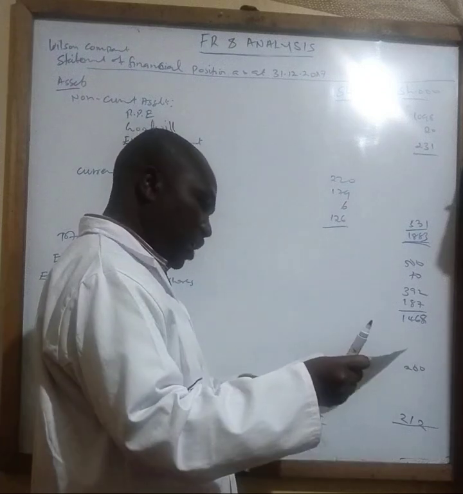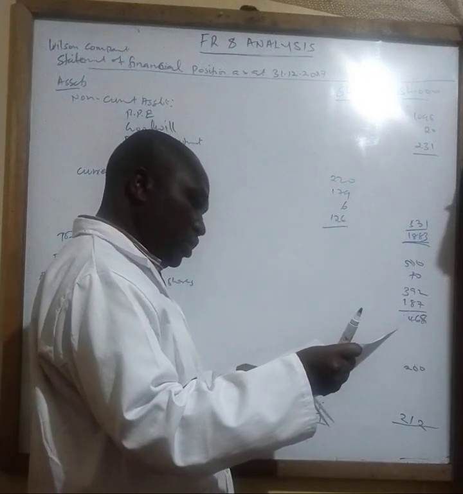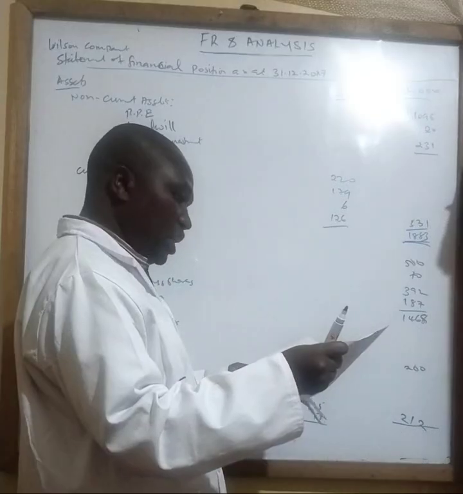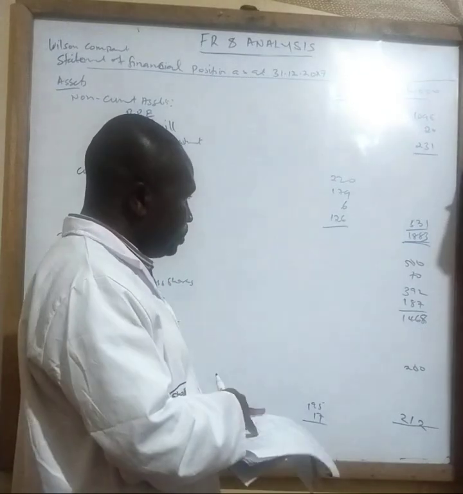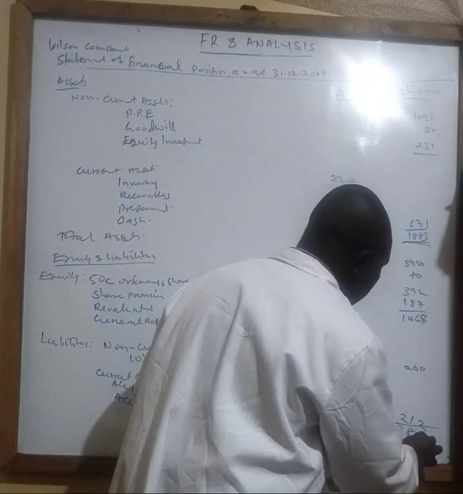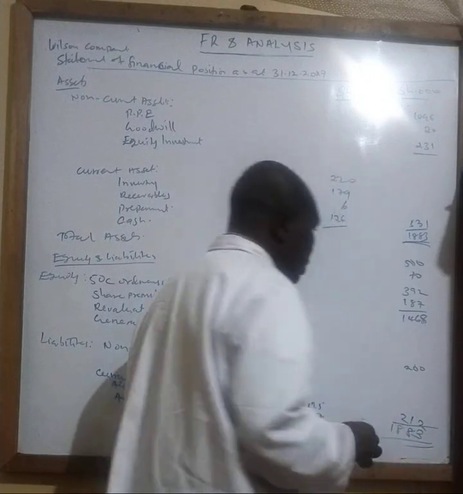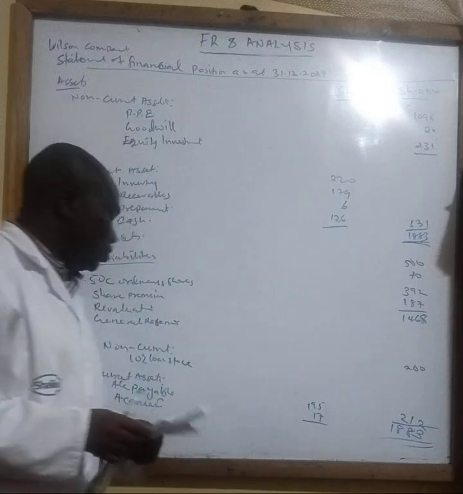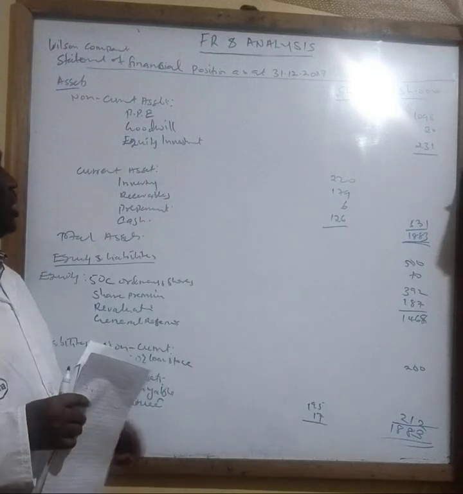So if you add it carefully, you will be able to balance it: 1883. So that is how you are supposed to work out this particular question.